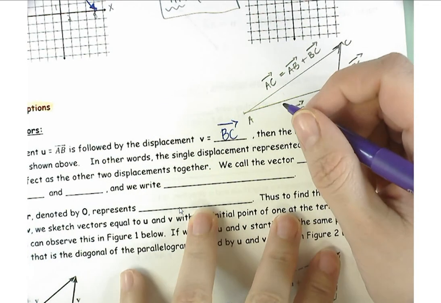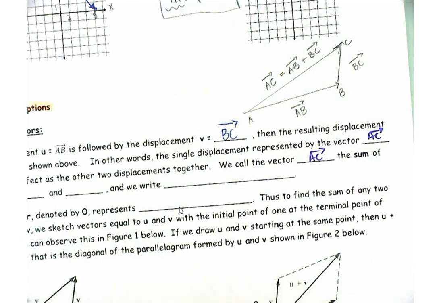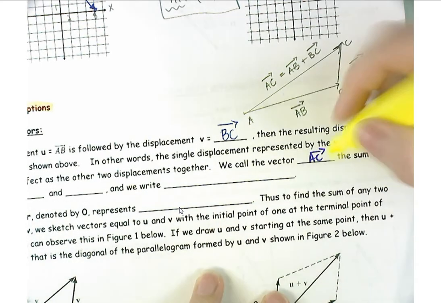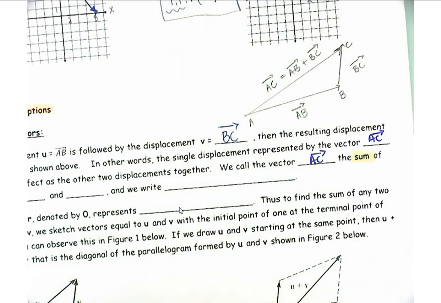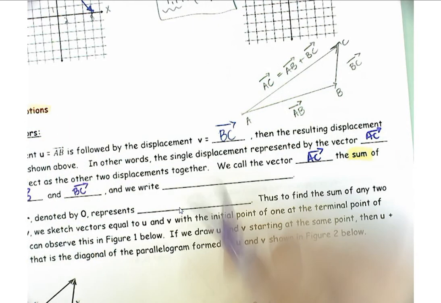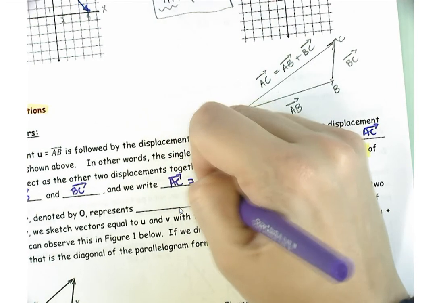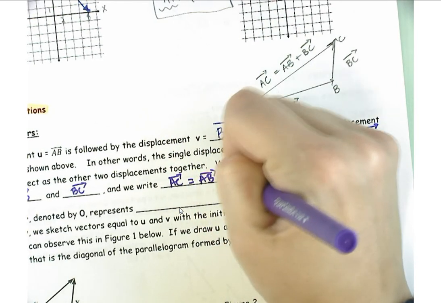And we call the vector AC the sum. Okay, so that's going to be the sum of the vectors AB and BC. And we write AC is equal to AB plus BC.